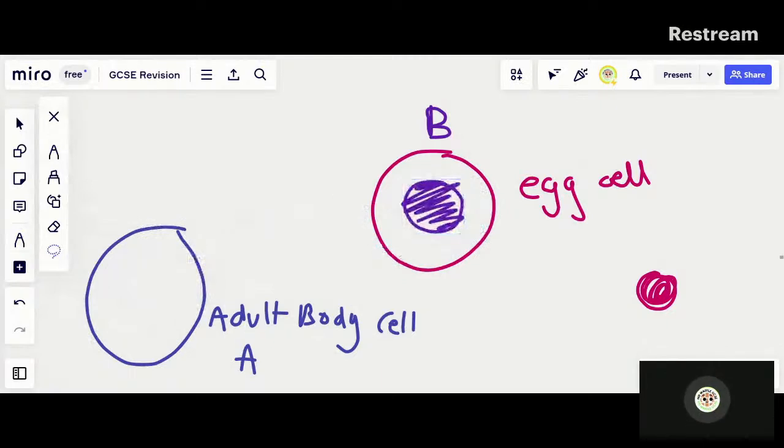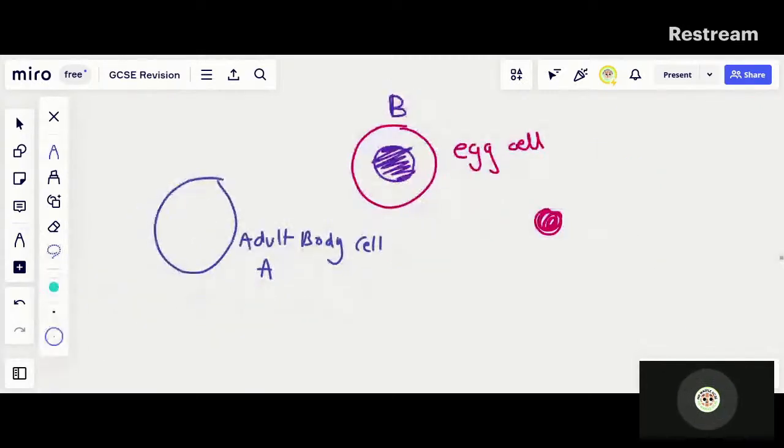Now what will then happen is the egg is stimulated with an electric shock. So you're going to just zap it with an electric shock. And after an electric shock, it will cause the egg to start dividing almost as if it's been fertilized. Fertilized with electricity.